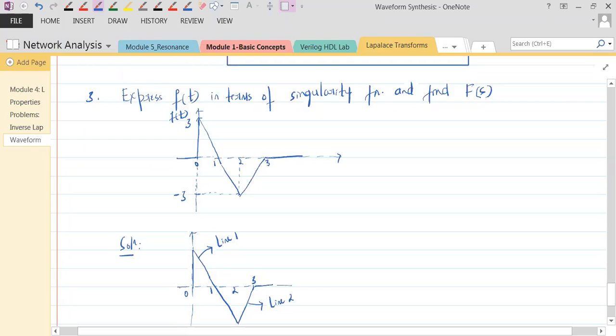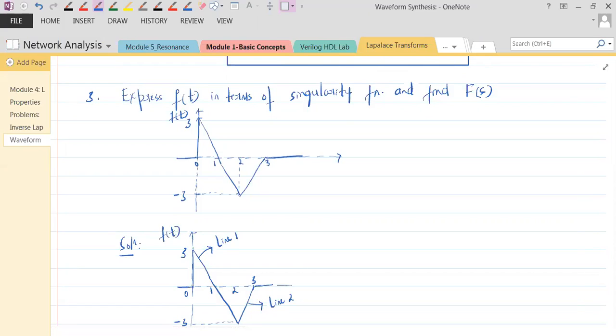So this waveform is composed of 2 lines. Okay, now let's everybody understand this very simple form. Now, can you give me the equations for line 1 and line 2? That is the question.